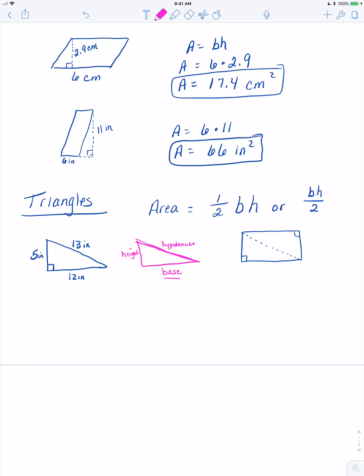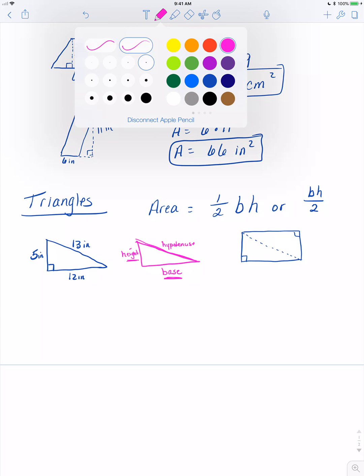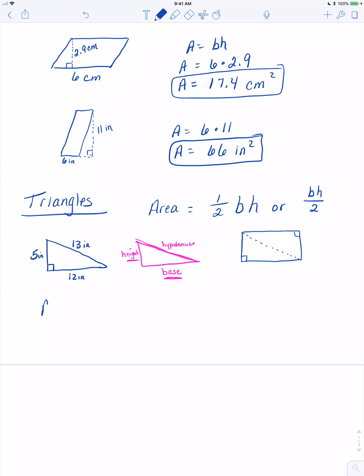So you always want to make sure it's the base times the height, then divided by 2. So the area of this would be 12 times 5 divided by 2. Well, 12 times 5 is 60, divided by 2, which is 30 inches squared. Area is always written as squared units.